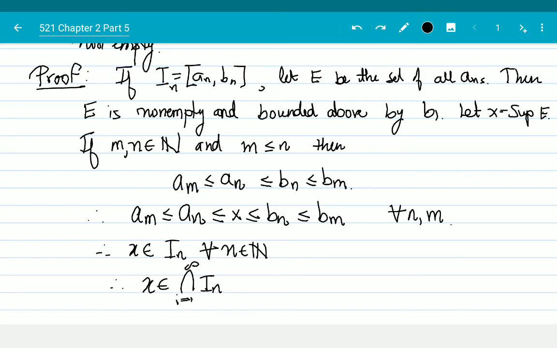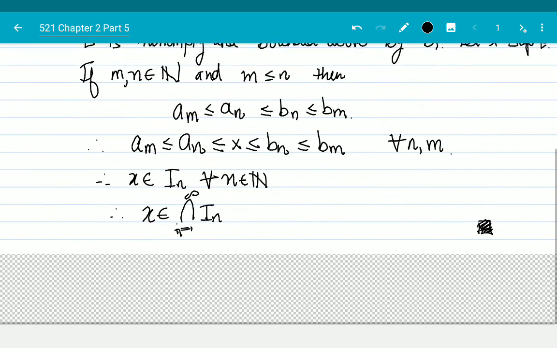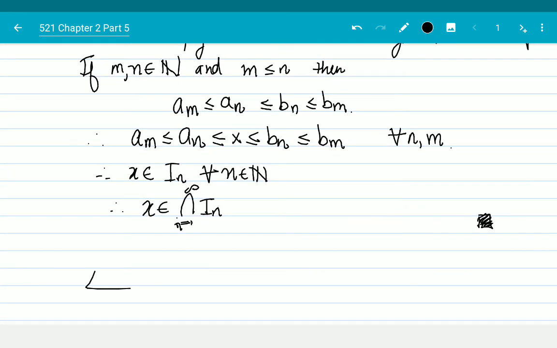Okay. So we have shown that, even without needing the proof that a closed interval is compact, we can still show that their intersection is non-empty.